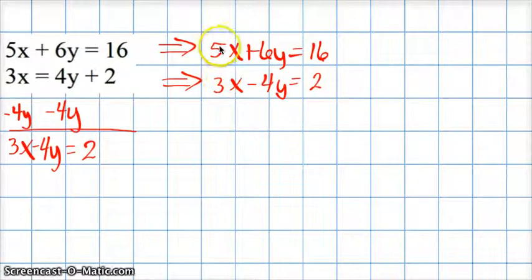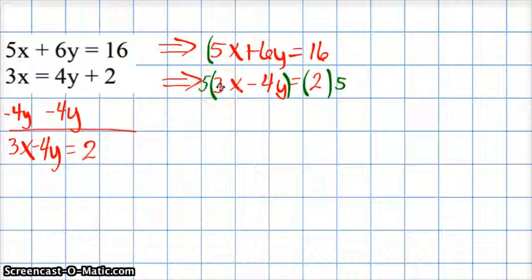Now in this case, it's not quite as easy to eliminate by combining these two equations. So we need to change the two equations so that it eventually eliminates one of the variables. With 5 and 3, the least common multiple is 15. So I want to use that idea to eventually eliminate. But if I leave it positive, I'm going to end up having more x's than I want to work with.